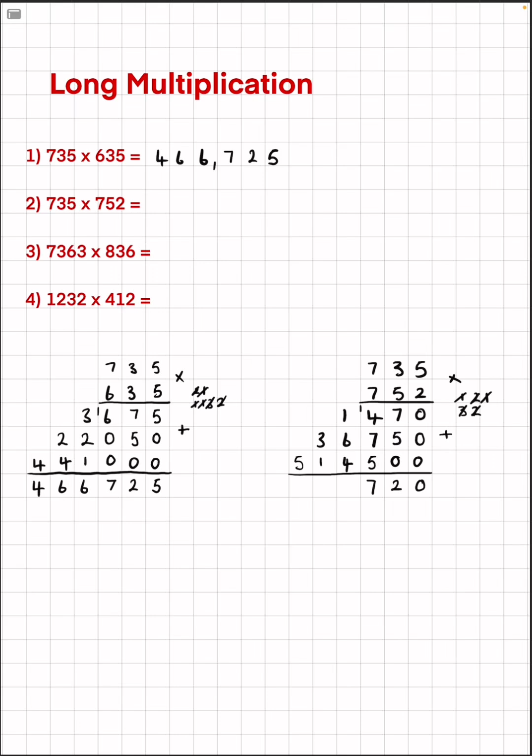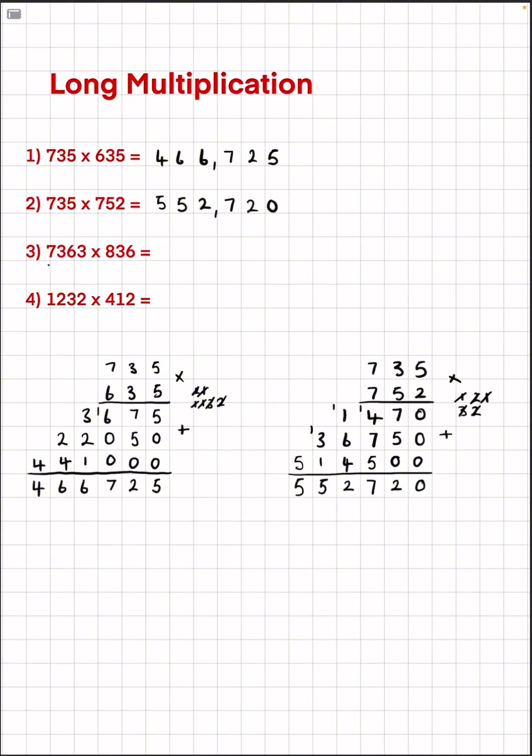We put the 7 down, carry the 1. 6 add 4 is 10, add 1 is 11, add 1 is 12. Put the 2 down, carry the 1. 3 add 1 is 4, add 1 is 5. And 0 add 5 is 5. So the answer is 552,720.